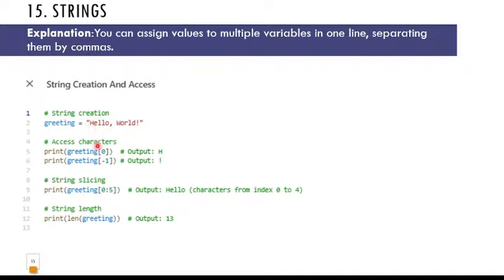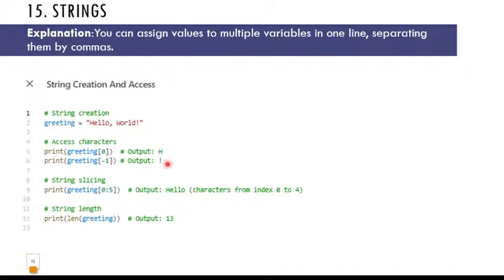We do not start from 1, that is incorrect. We always start from 0. So h is 0, e is 1, l is 2. If we write greeting 0, the output will be h. Similarly, if writing -1, it gives the last character.